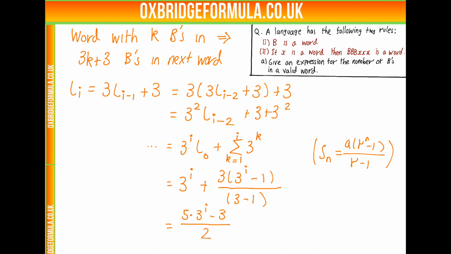And then if we put this over 2 and gather up the 3 to the i's, we've got 2 times 3 to the i over 2 here, plus 3 times 3 to the i, so 5 times 3 to the i minus 3, all over 2, and we have our result. We've got a general expression for the number of B's in a valid word, and it's this, as i varies between the positive integers and 0.